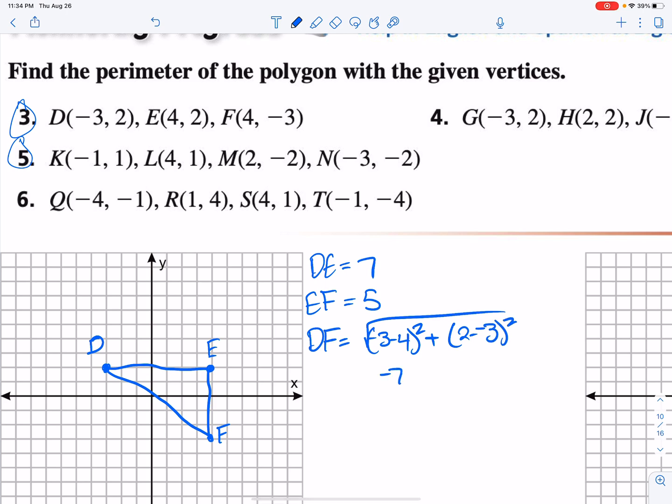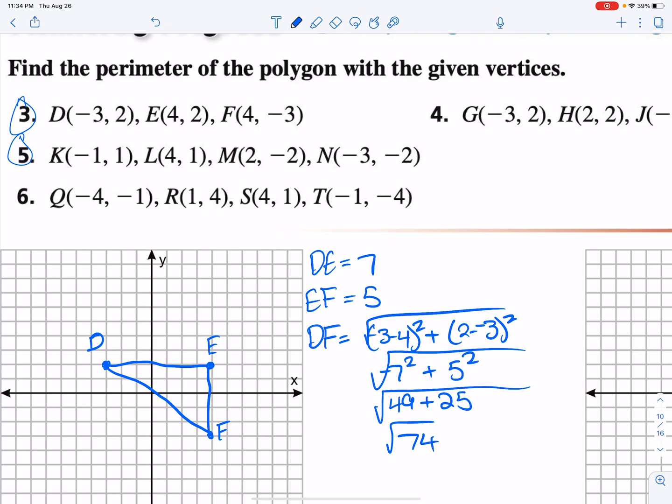So we have -7 squared plus 5 squared. We get 49 plus 25, which is 74. I'll punch that in. 8.60. So then we add 12 to that. So 20.60.